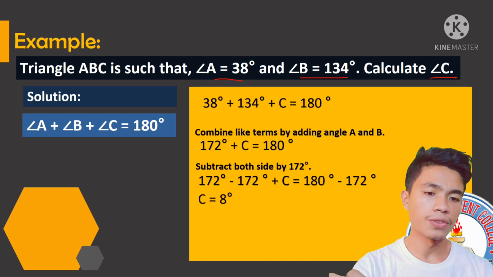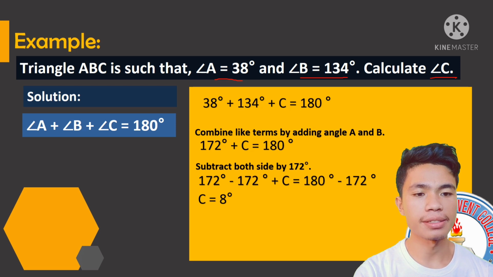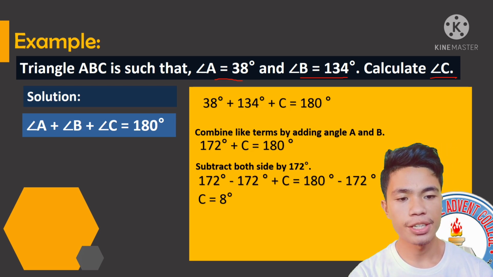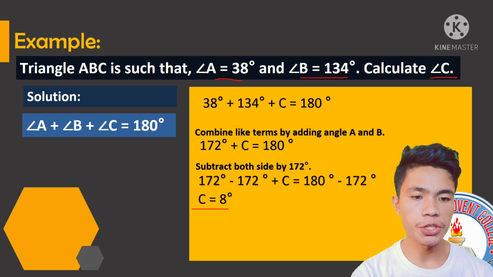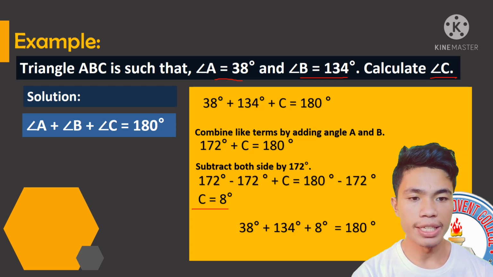Therefore, angle C is equal to 8 degrees. If you want to check your answer, you can add 38 degrees plus 134 plus 8 degrees, which is equal to 180.